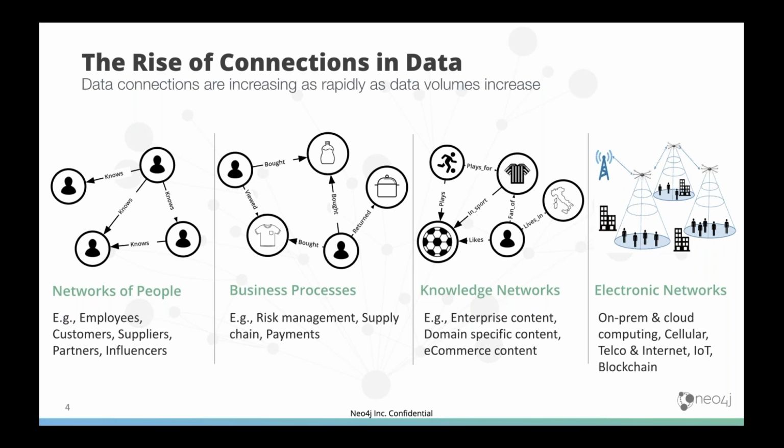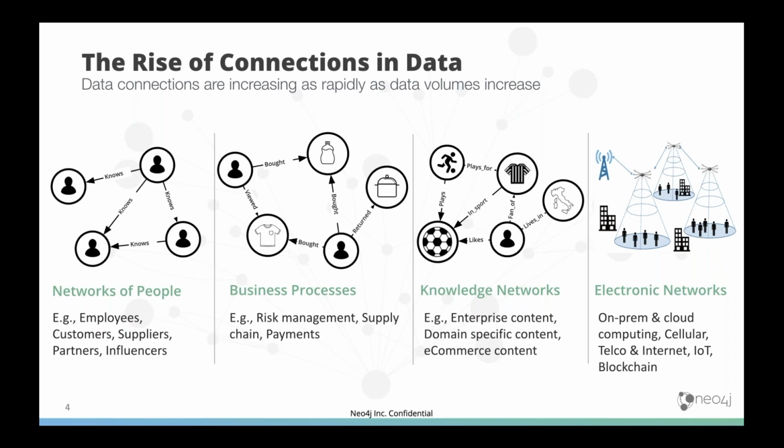Here are some examples that you can see on the screen: networks of people, somebody knowing somebody else, and the classic social network example of Facebook or LinkedIn or what have you. But then you can also have networks within the organization: employees, customers, suppliers, partners, and so on. Then you have graphs of business processes, how things relate to one another, what the steps are of a process.